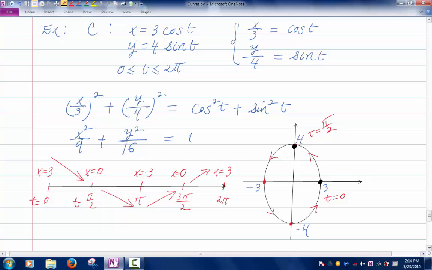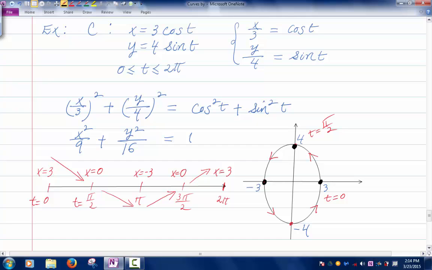Now what is happening between pi over 2 and pi? x is decreasing from 0 to what? X is going from 0 to -3, right? So what does it tell you? You're now moving from the point (0, 4) to the point (-3, 0), right? So you're right here. Between pi over 2 and pi, that's what's happening.